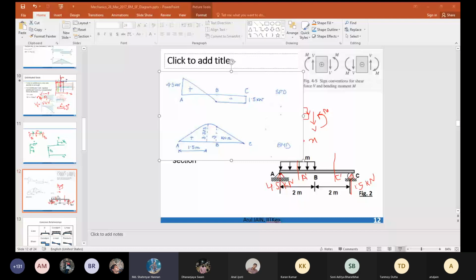Sir, in our objective type questions also, this type of question will come, like finding the maximum value and the position where it occurs. It can also come that we will draw four diagrams and you have to choose which one is correct, so we have MCQ. Or it could be at a section this is equal to this, what is the value of bending moment?